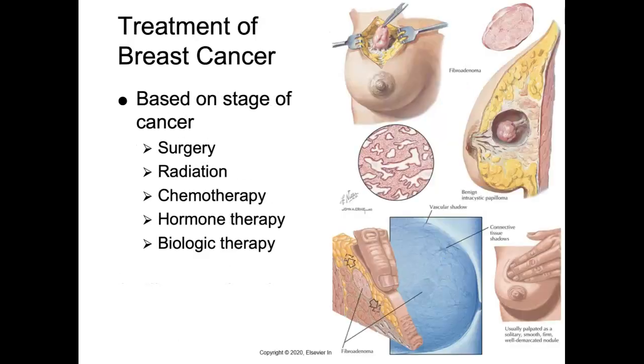There are many ways where we can diagnose breast cancer. There's a clinical breast exam, mammography, ultrasound, thermography, MRIs, biopsies, hormone receptor assays, and gene expression profiling. And if breast cancer is found, we have to base the treatment plan on the extent or the stage of the cancer and if it has metastasized.